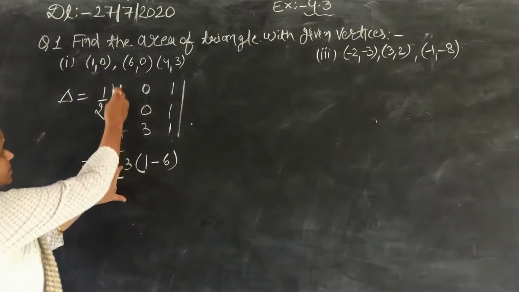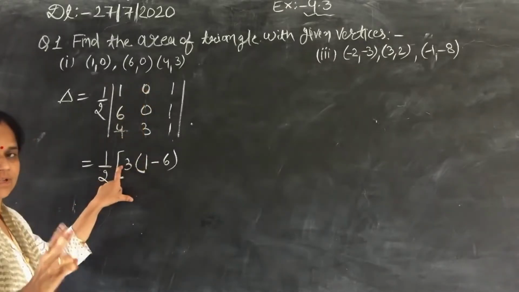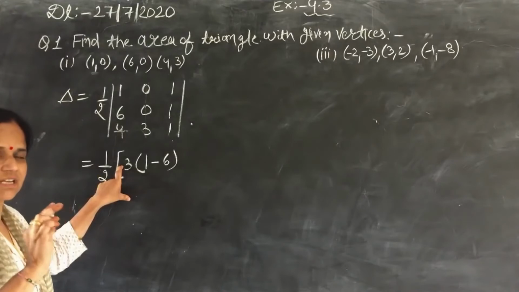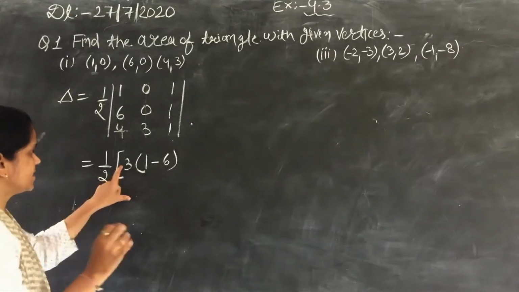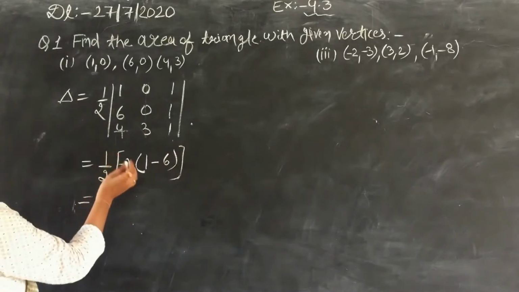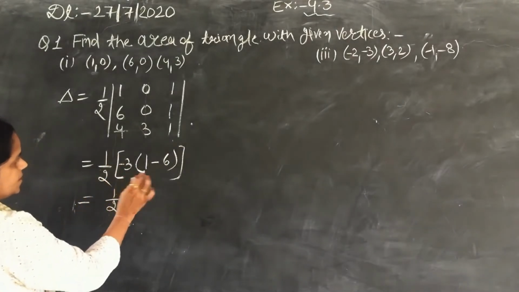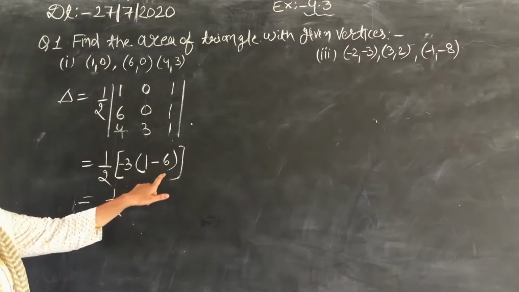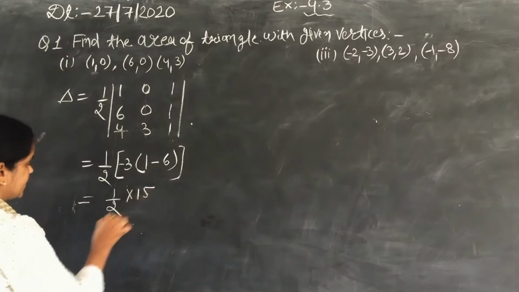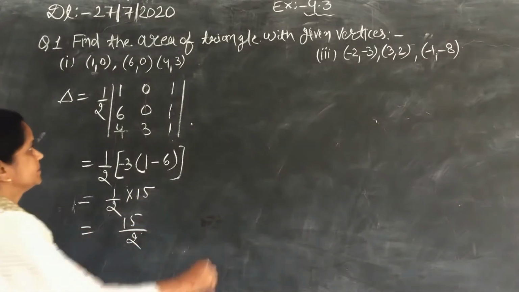Okay, so it is the third row, second column, 3 plus 2 is 5, it means there will be minus 9. Okay student, and now 1 by 2, it is minus 5, and we will get 15, so answer will be 15 by 2. Okay.